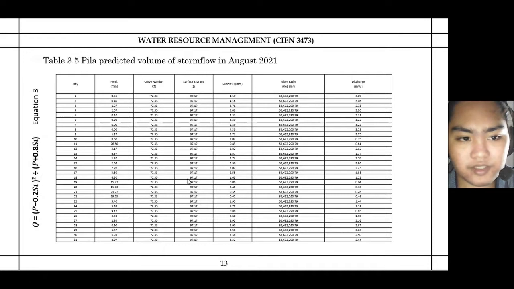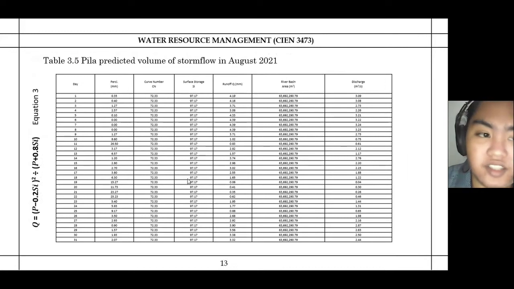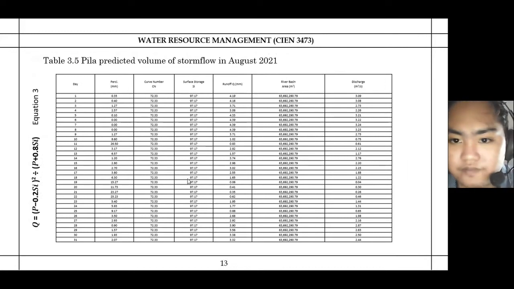The storage was computed using equation 2, and the runoff data were computed using equation 3. The river basin area was computed by ArcGIS, and the discharge was computed via the equation.